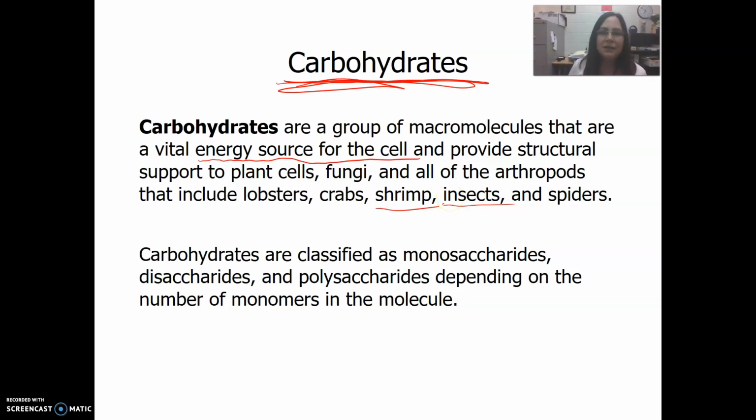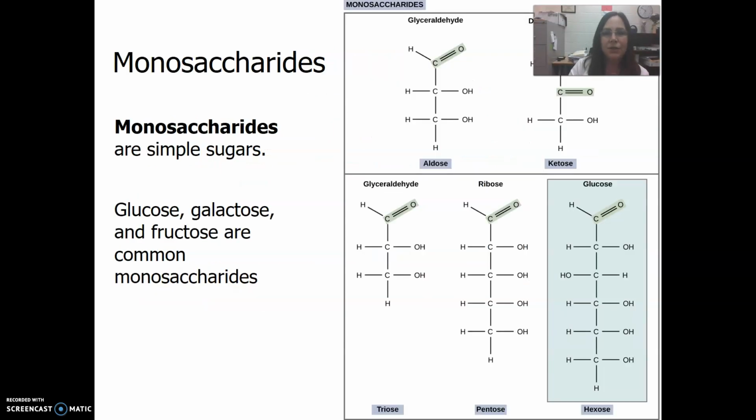Carbohydrates are divided into three groups. They're divided into monosaccharides, disaccharides, and polysaccharides. Mono means one sugar, di means two sugars, and poly means many sugars.